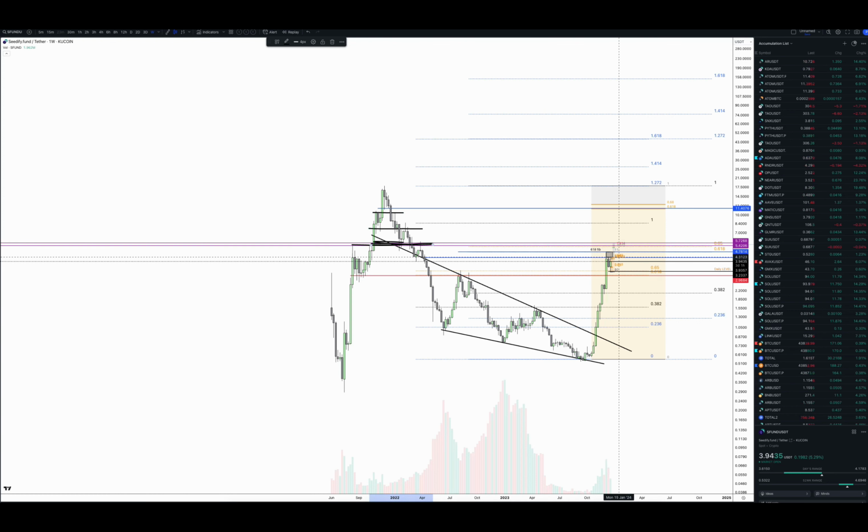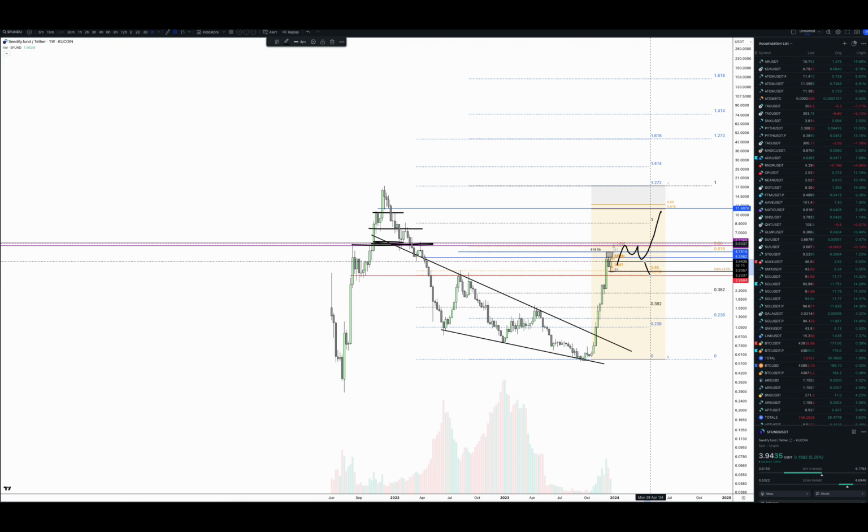So we've got levels here, levels there, and another level here. So these are the levels that it needs to get through. I do believe it's going to go higher, but looking at this scenario, our 618, where the wick was, it will just take a while to break through it. And if it does break through it, we'll find resistance here again, pull back, and then potentially more further up, or we get a reversal.